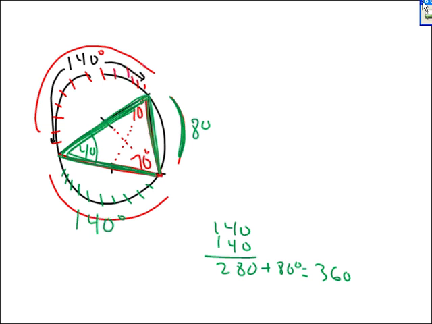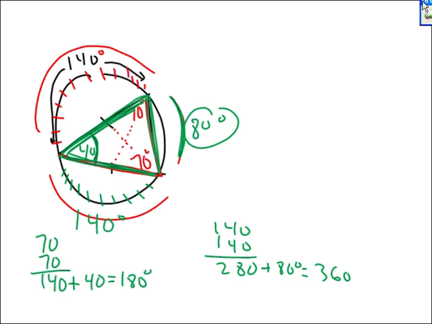Or, like I said, there was another way. In that triangle, you had 70 and 70, that's 140. You add another 40, you get to the 180 that you need. Hence, this angle is 40, and the arc opposite it must be twice 40, or 80. That's a nice problem.